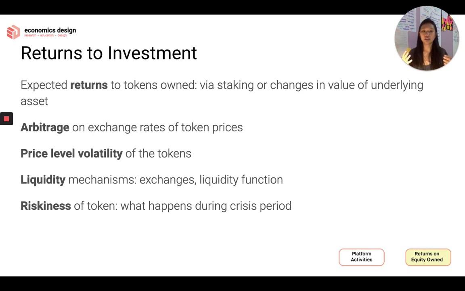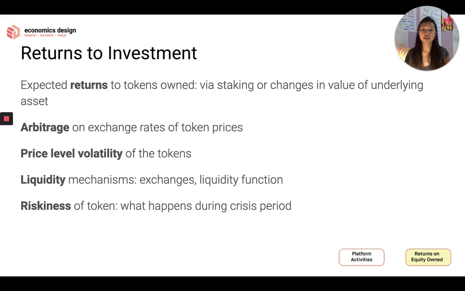Arbitrage can happen if you think a bit bigger picture, where your exchange rate of the tokens is just much better, and you can sell them in the next period for a better price, so better returns on investment. Look at price level volatility of tokens. How volatile the tokens are is also how risky the tokens are.